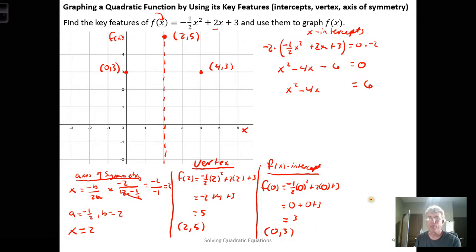So we'll take half of the -4, that's the linear coefficient, and we're going to square it. -4 divided by 2 is -2. We're going to be squaring a -2, which is going to give us a 4. So we're going to add this 4 to both sides to complete the square. 6 and 4 gives us a 10. And then I completed the square.